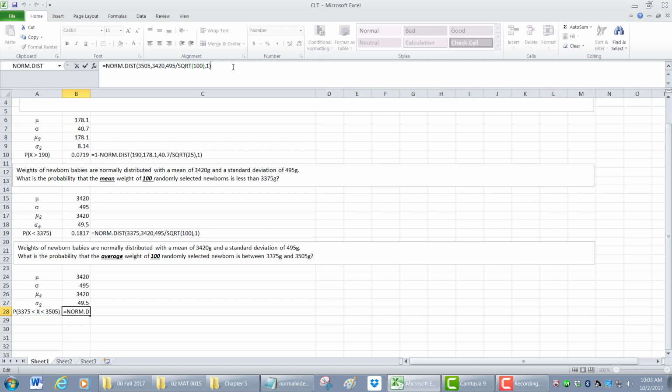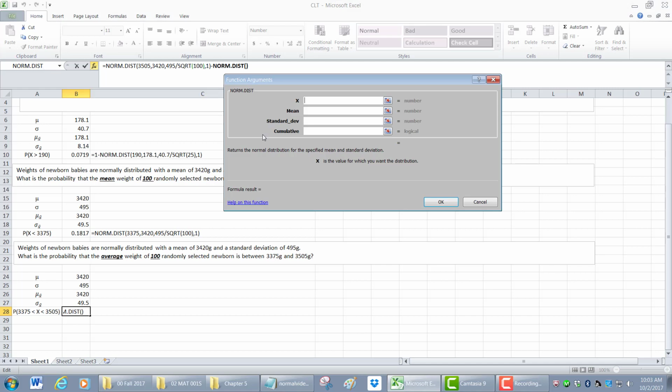But what we need to do is subtract going from 3375 back down. So we have 3375, mean 3420, standard deviation 495 divided by the square root of 100.